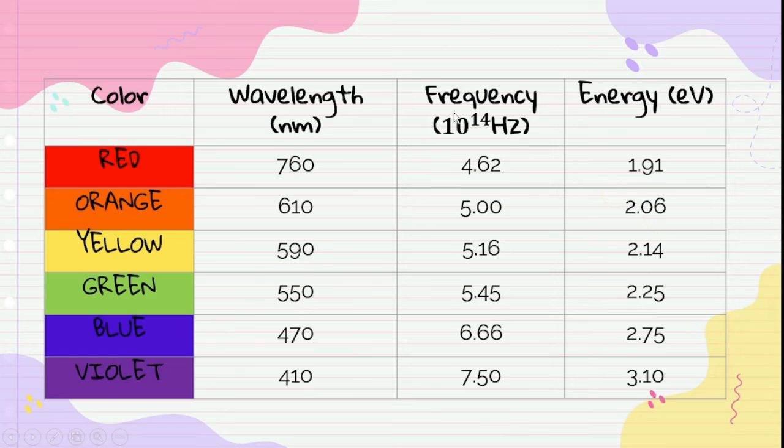In terms of frequency, red has 4.62 times 10 raised to the power of 14 hertz, while the violet has the highest frequency of 7.50 times 10 raised to 14 hertz. When it comes to energy, red has the least energy, measuring 1.91 electron volts, while violet has 3.10 electron volts.